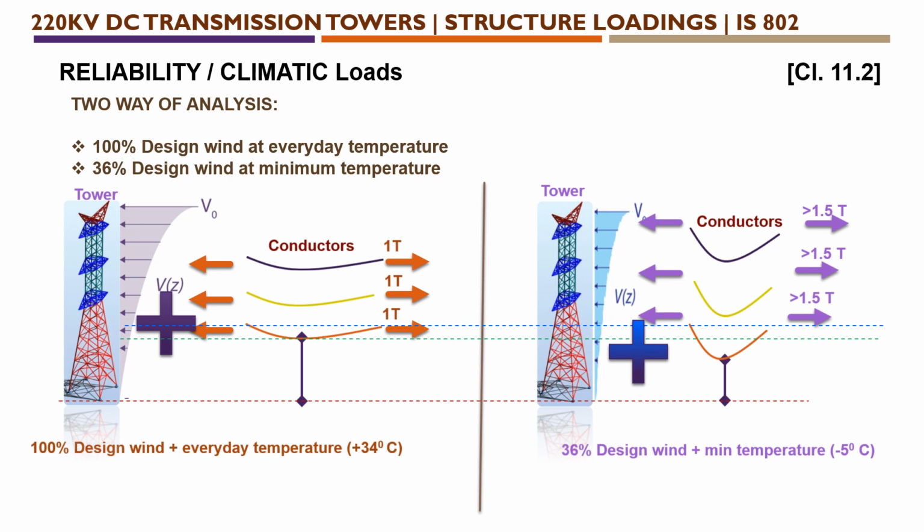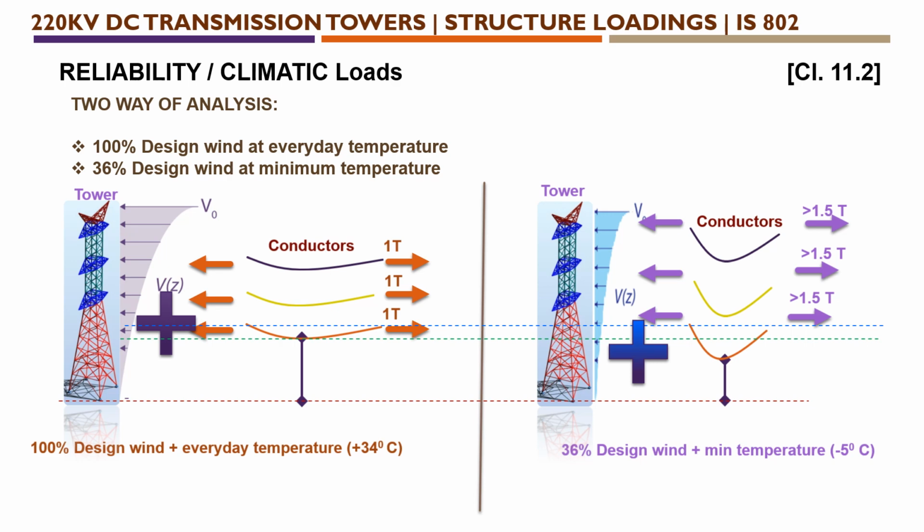So in the case of Northern Europe and North America, and even some parts of Russia in the northern direction, the value will go below minus 5 degrees.